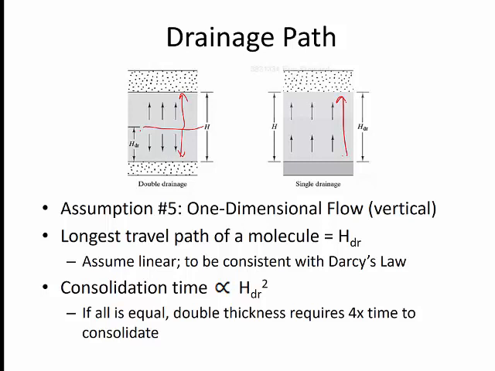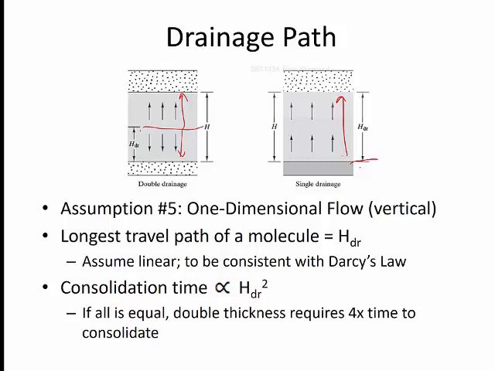And so if we assume that the drainage material at the bottom of our clay layer is similar to the top, then we can assume halfway through that soil sample is what we call our drainage height, H sub dr. If we have an incompressible soil or a different type of material beneath our clay layer, then that drainage path becomes the entire length of the soil height that we're analyzing.